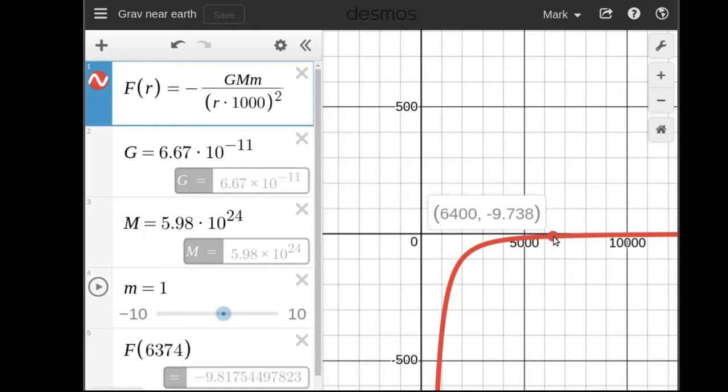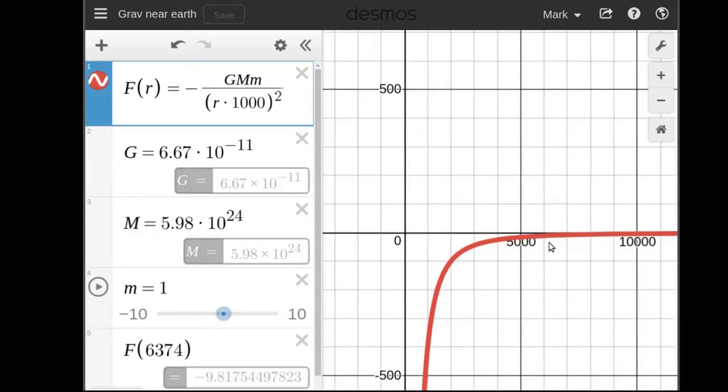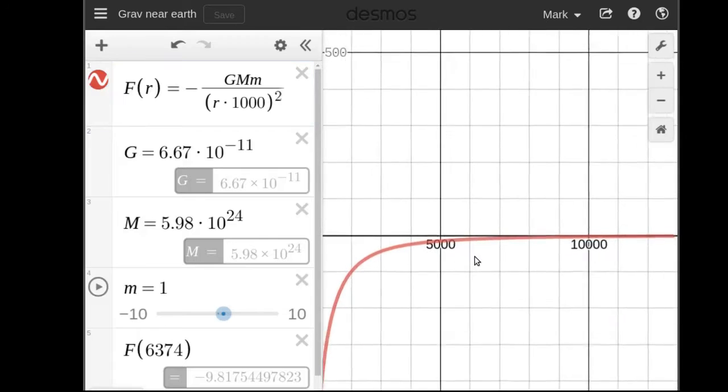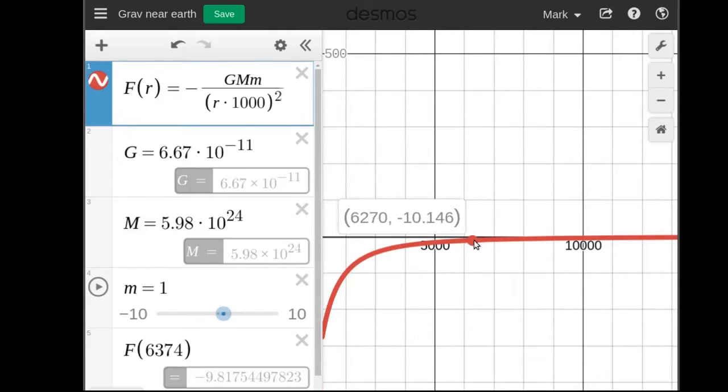But it does show you if you're at about 6,400 kilometers from the center, the force is negative 9.8 meters per second squared. And again, the reason it's negative is because it's attractive. Then you can see that the magnitude of that force gets smaller the farther away you get from the planet. At 10,000 kilometers away, the force is down to negative 4 newtons instead of negative 9.81 at the surface.